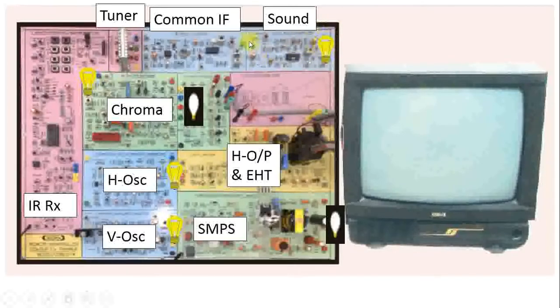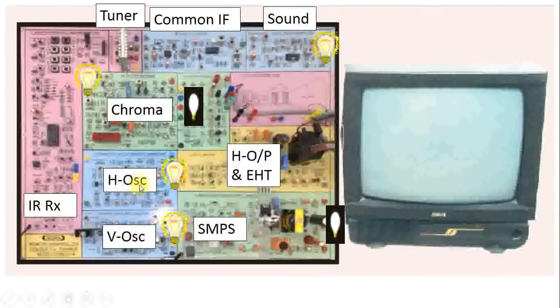Then another signal goes to this chroma section, where this R minus Y, B minus Y, G minus Y signals are processed, and finally you will get red, green, blue output and given to this color television picture tube. And one more output from this common IF and video amplifier stage goes to H sync separator, V sync separator, H oscillator, V oscillator, then H coil and V coil of this color television.